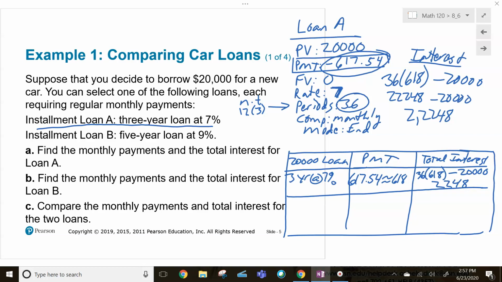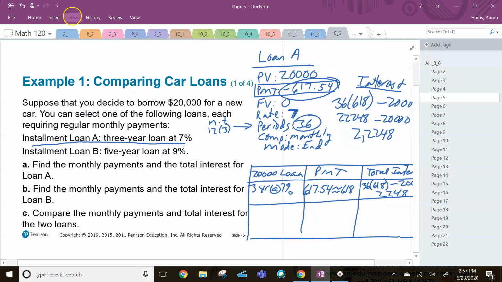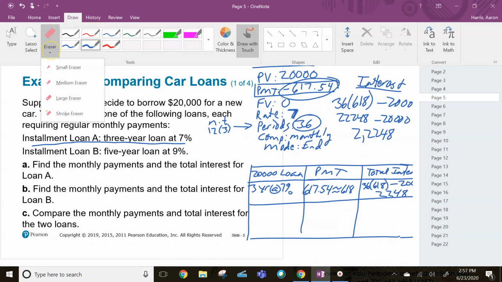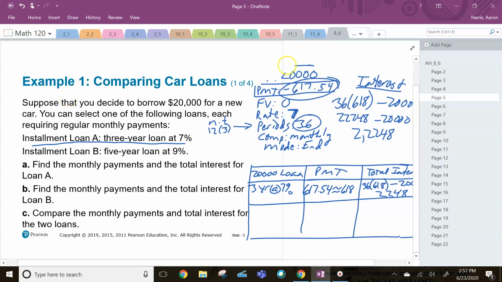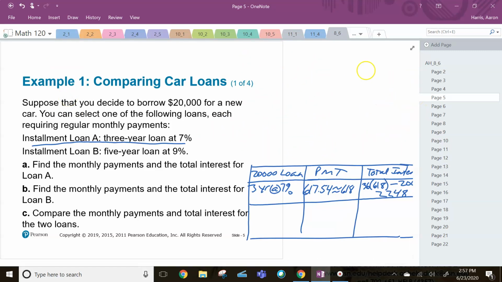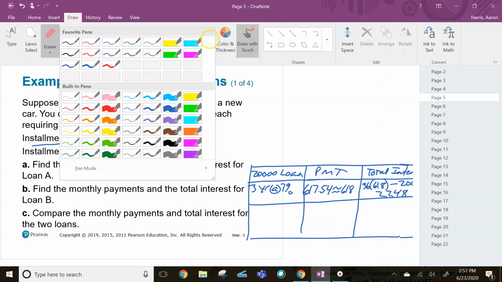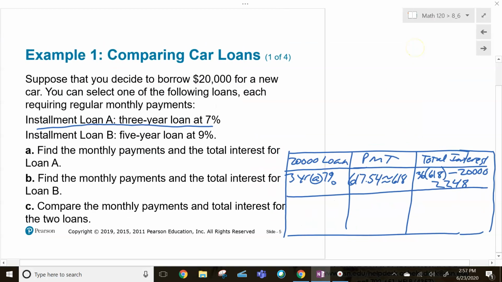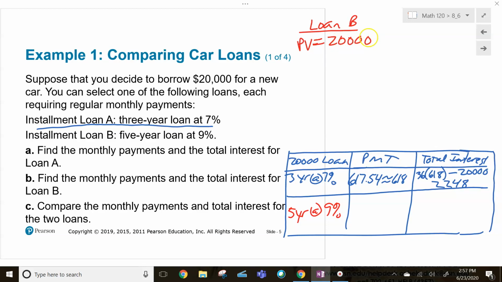Now let's compare that to loan B. Let's do it in red. Let me erase this other one here. Okay, so loan B. Now this is 5-year at 9%. So present value when you're doing a loan, this is how much you take the loan out for. So it's a $20,000 loan.